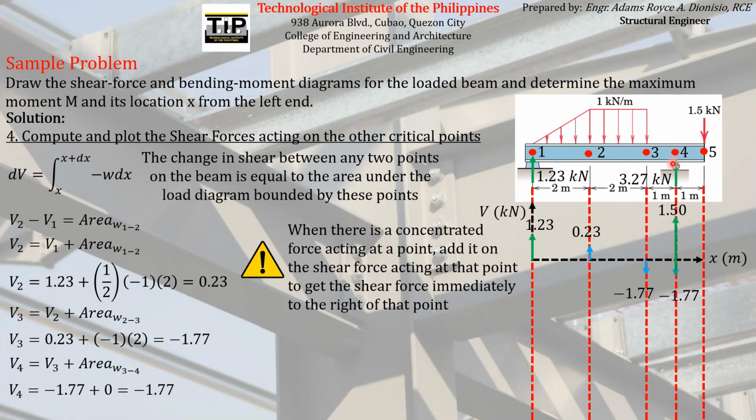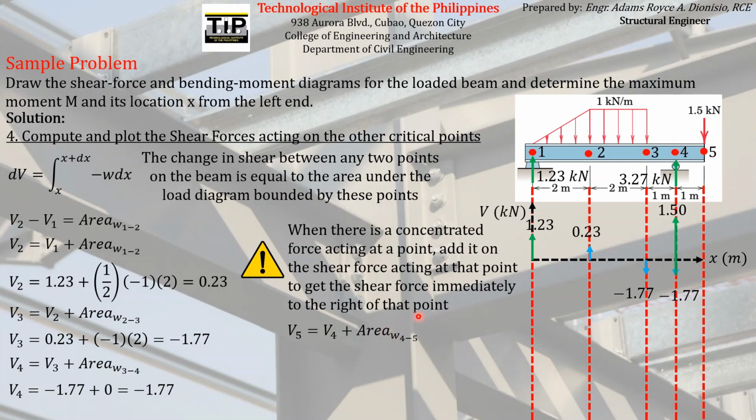So if we continue to find the other shear forces, say for example at point 5, using the same formula, we can see that the shear force at point 5 is just equal to the shear force at point 4, which is 1.5, plus the area under the load diagram between point 4 and point 5, which is obviously again equal to 0 because there is no load to begin with.